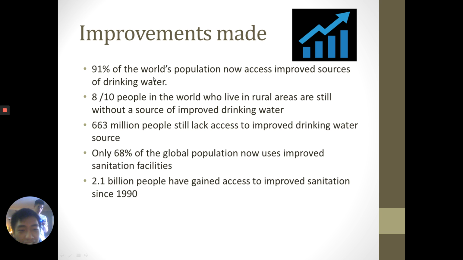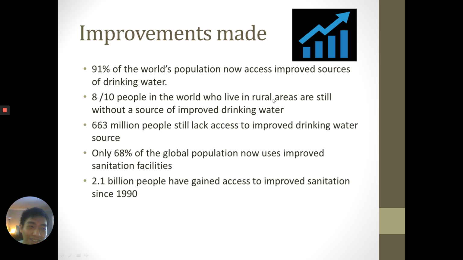So only 9% of the population is actually drinking unclean water on a consistent basis. 91% of the world has access to clean water, which is okay because 9% still have to drink unclean water every day. And 8 out of 10 of the people who live in rural areas are still without a source of improved drinking water.